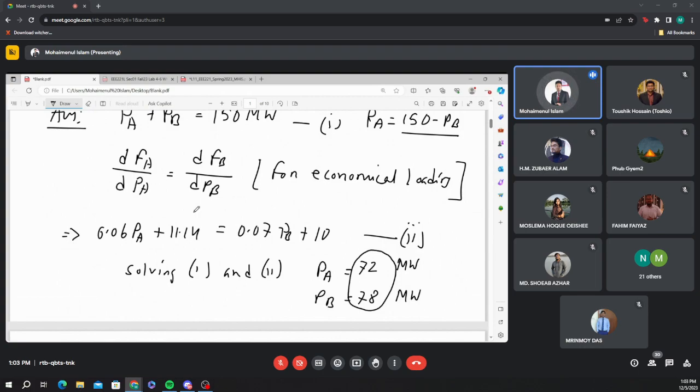Suppose if it is 45 BDT per hour for plant A, for plant B it should be 45 BDT per hour, because we are considering that plant B may have some different efficiencies. So we are trying to keep the fuel cost similar for these two generators, and also we are trying to share the load like 72 and 78 to provide the maximum demand of 150.